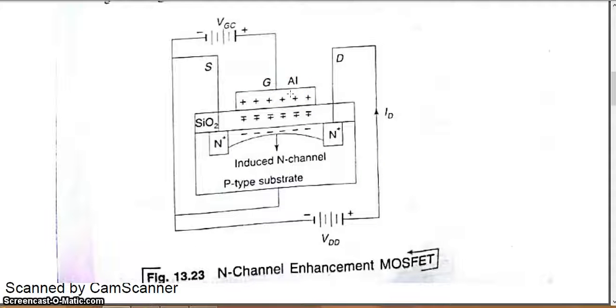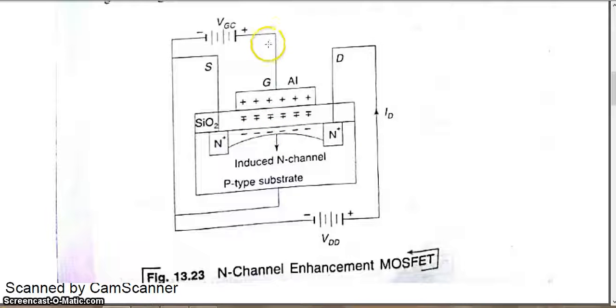As explained earlier, it creates an electric field, and electron current will be flowing from source to drain. Then why is the direction of ID, that is the drain current, shown in this direction? It is conventional current. That is, it is always opposite to the flow of electron current.